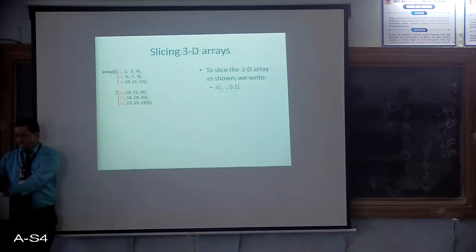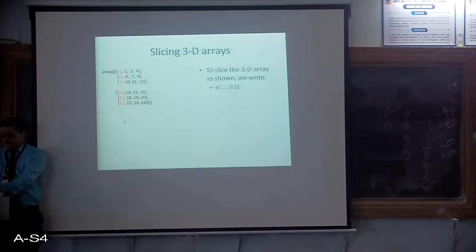So the first will be colon, that is for all the two-dimensional arrays. Second will also be colon because I am dealing with all the rows of both the dimensions. And innermost will be 0, colon 1, that is I want to get the first column. So 0, colon 1 means 1 excluded, so it will return me the first column alone.